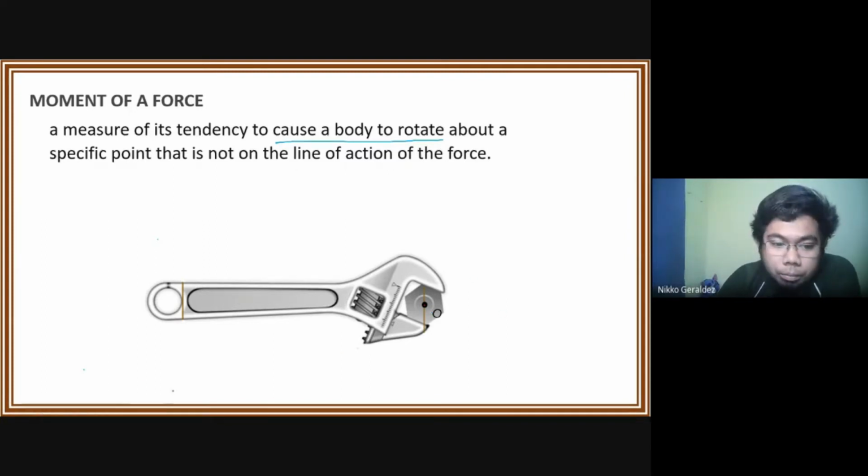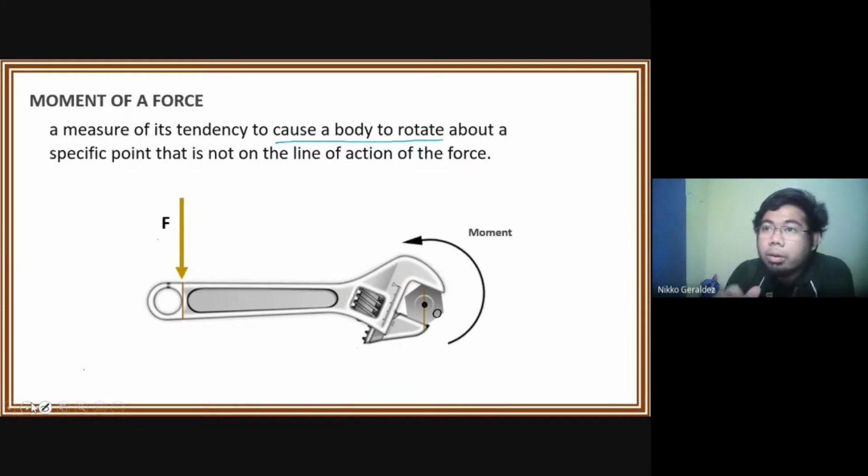Halimbawa, meron kang downward force na in-apply doon sa wrench, so magkakaroon ng rotation doon sa O. Nung downward force ang in-apply, nagkaroon ng moment, or ng rotation.